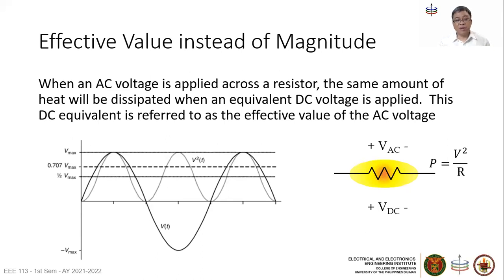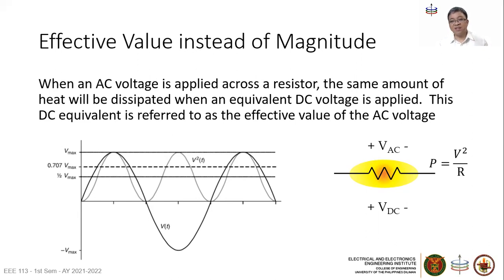Let's talk a little bit more about the effective value. We always have a sinusoidal AC voltage here. The idea is that suppose such AC voltage is applied across a resistor. So that's your VAC applied across the resistor. Because it's a resistor, we expect that heat will be dissipated through the resistor.